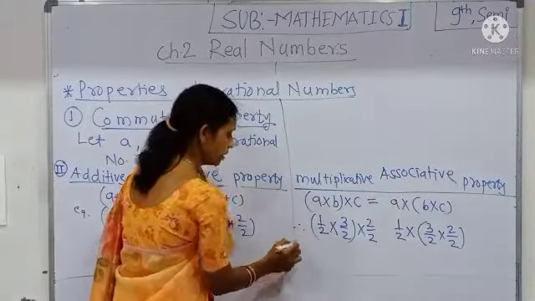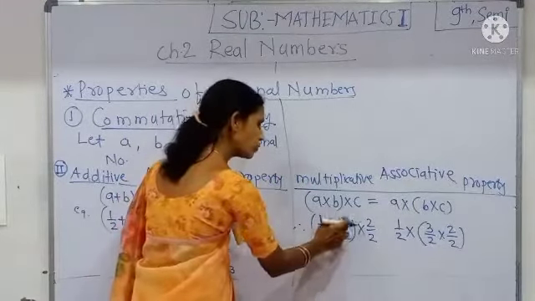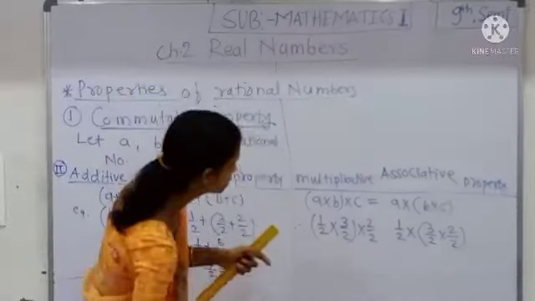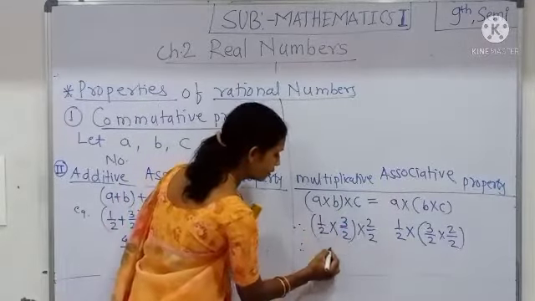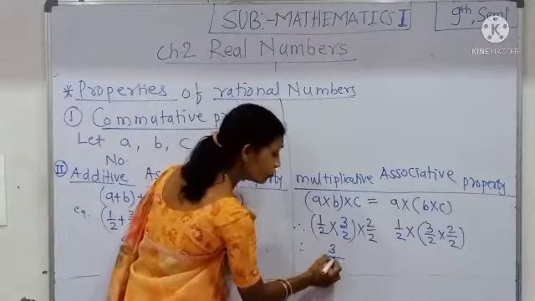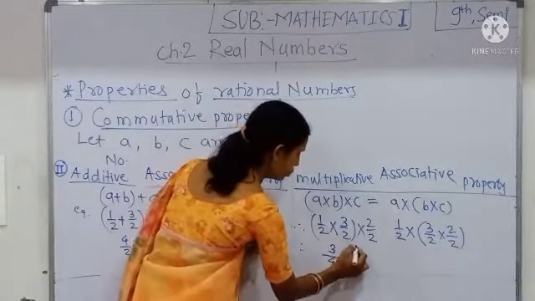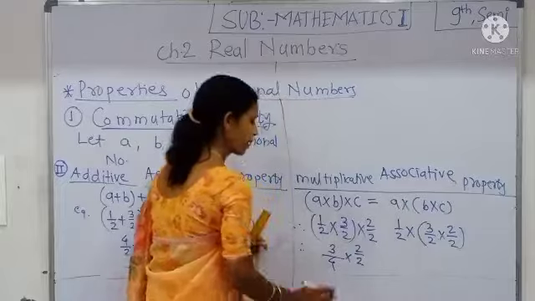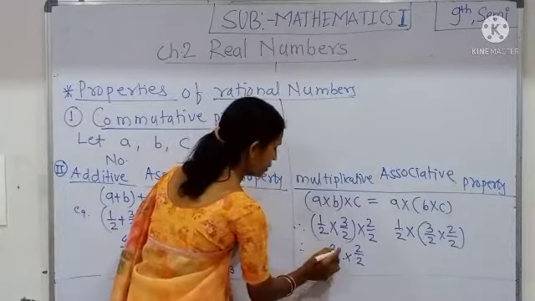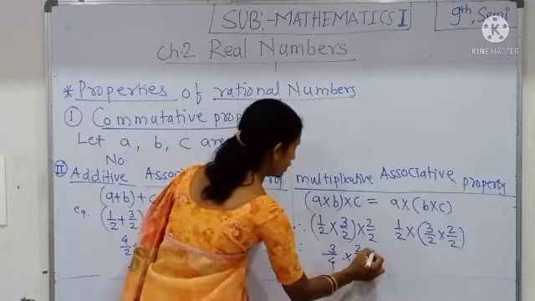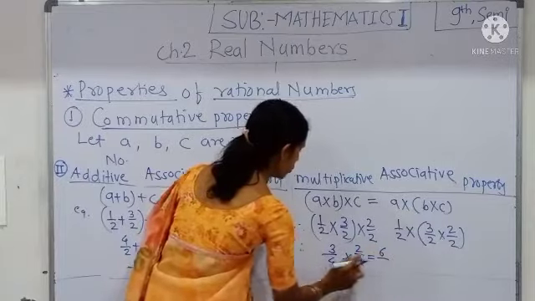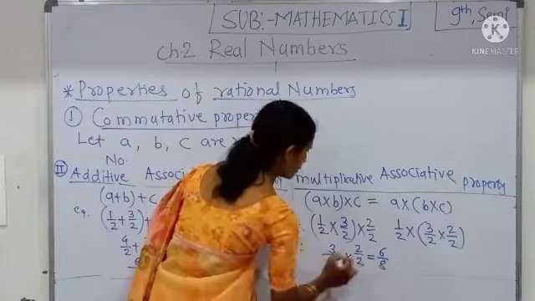Therefore 1 upon 2 into 3 upon 2 into 2 upon 2, that is 3 into 1, 3 upon 2 into 2, 4 into 2 upon 2. And again 3 into 2, that is 6 upon 4 into 2, 8.